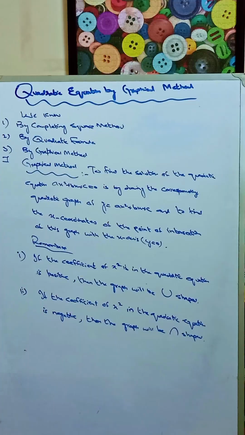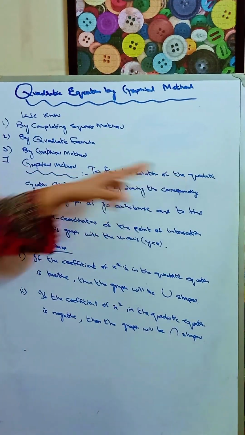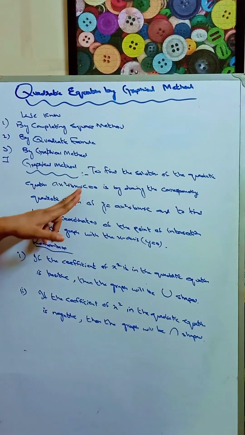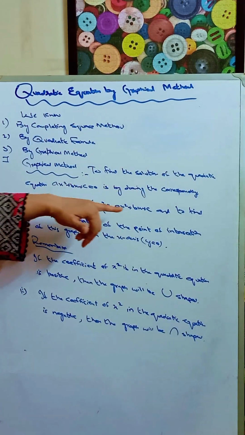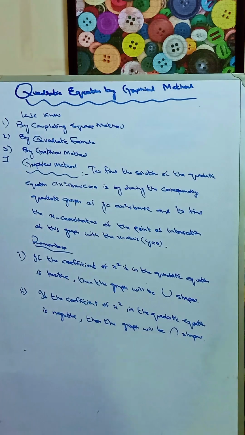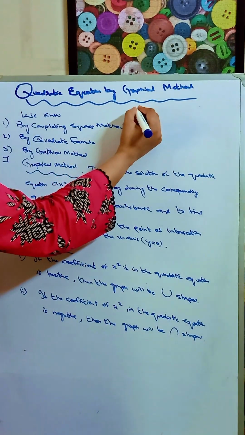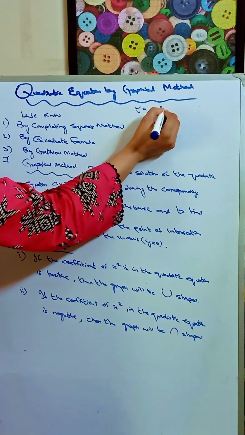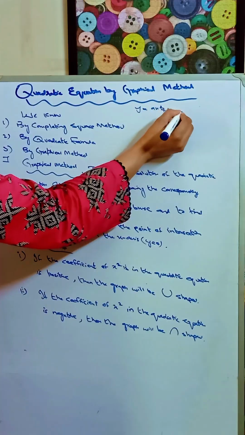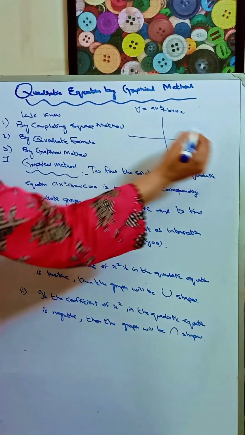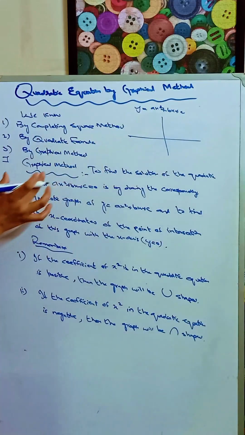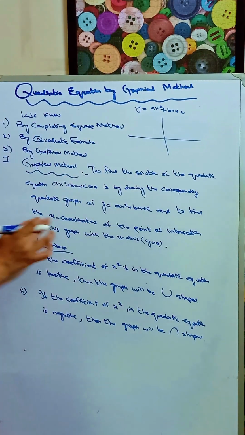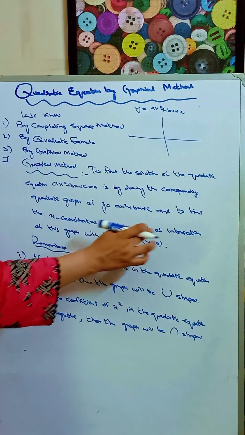So what is it? To find the solution of the quadratic equation ax square plus bx plus c equal to 0 is by drawing the corresponding quadratic graph of y equal to ax square plus bx plus c. It means suppose y equals ax square plus bx plus c, and to represent it graphically on the plane is known as the graphical method, where we find the x coordinates of the point of intersection.